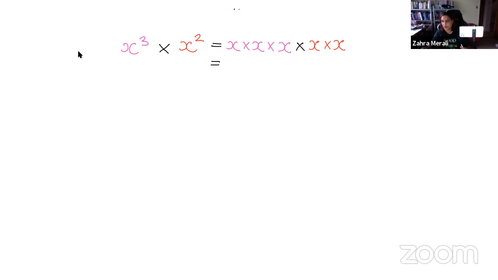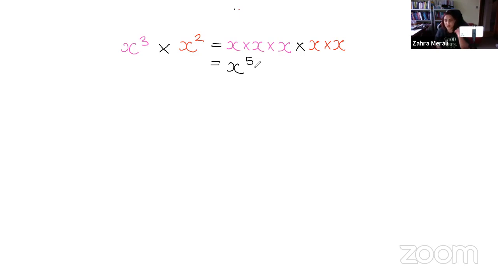We've got x cubed, which means x times x times x, and then x squared, which is x times x. So we've got 3 lots of x's, and then 2 lots of x's. Altogether, we have x to the power of 5, because we've got 5 x's.